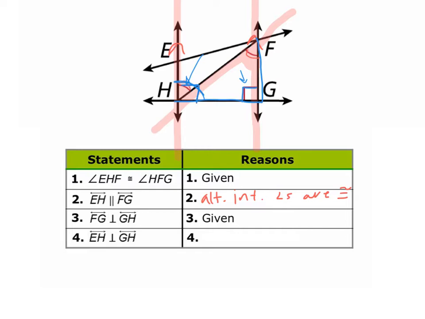And what would be the theorem from the page, 2 pages before, that told us that this was perpendicular also? Perpendicular transversal theorem. So if a transversal is perpendicular to one of the two parallel lines, then it's perpendicular to the other. So this is the perpendicular transversal theorem.